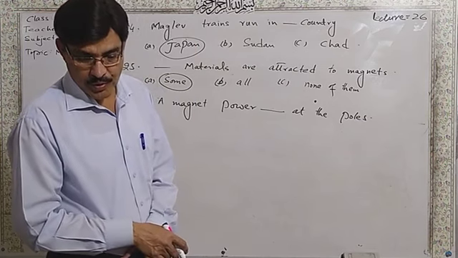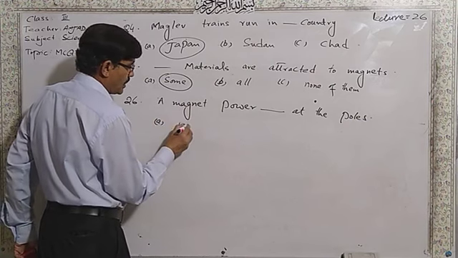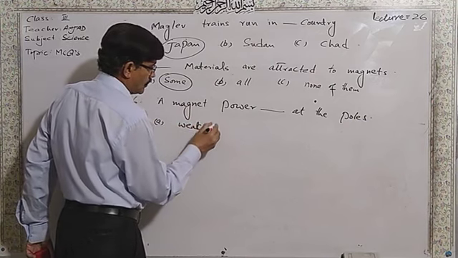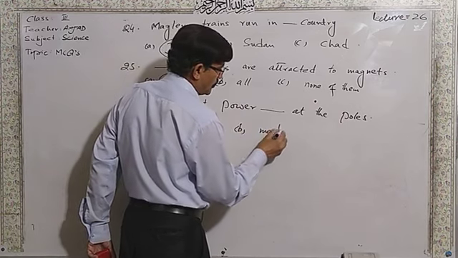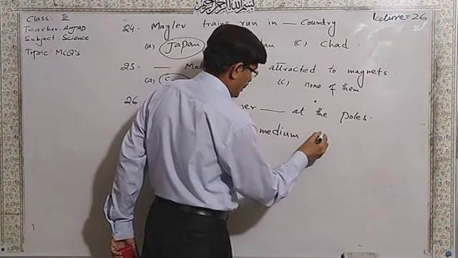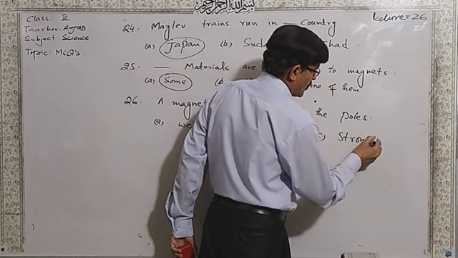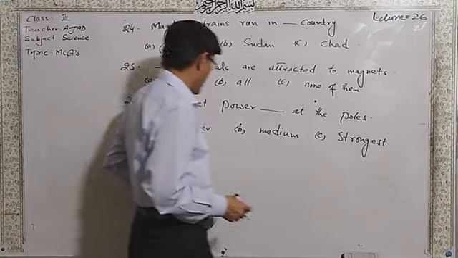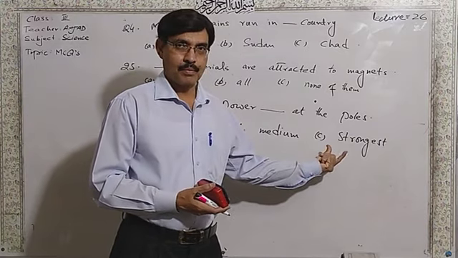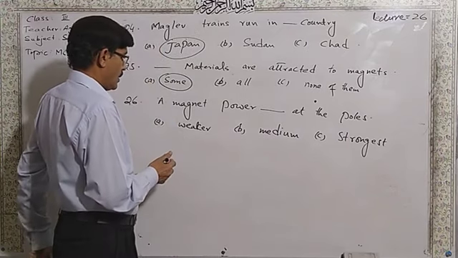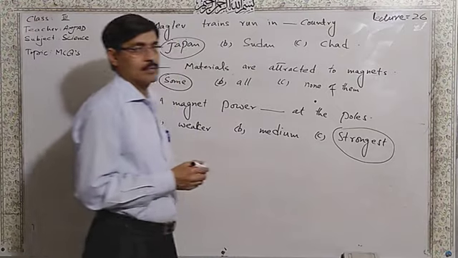We have the options: A, weaker, B, medium, C, strongest. We have strongest at the poles. This is the answer.